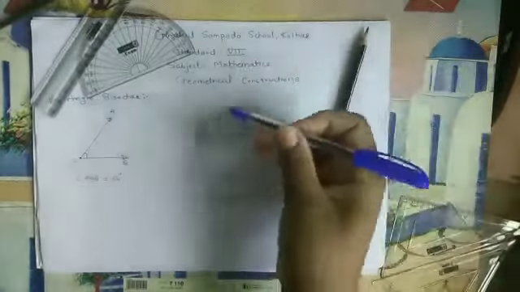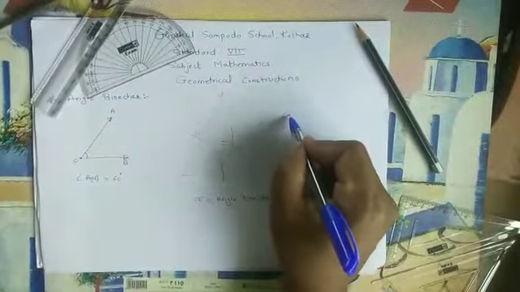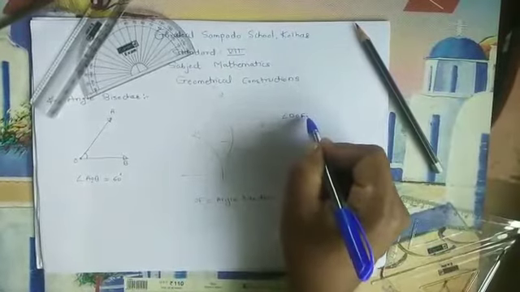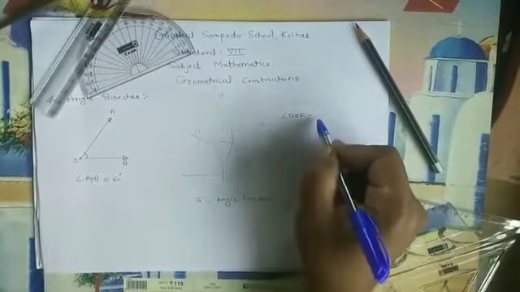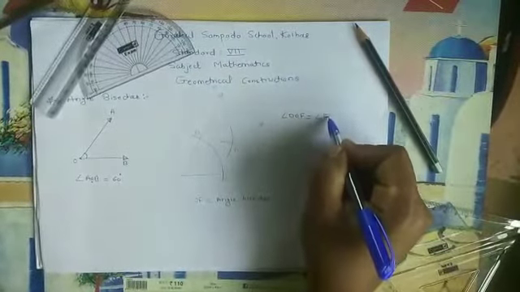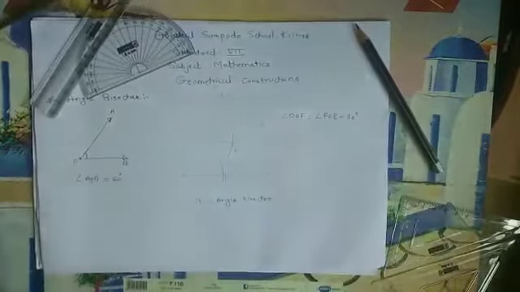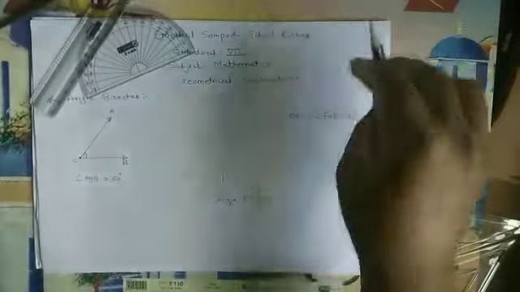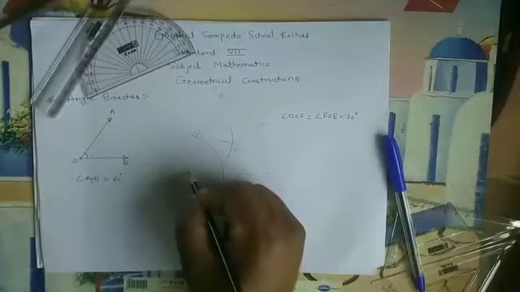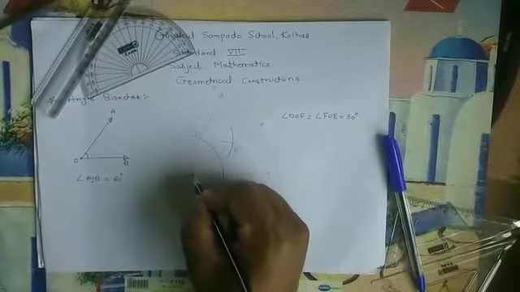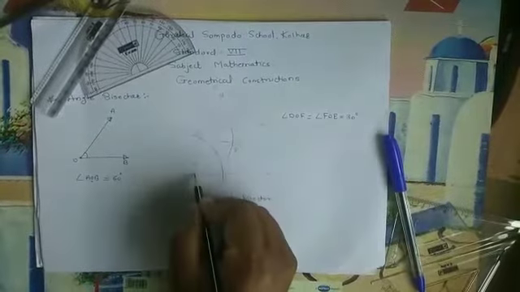So we can write that angle DOF is equal to angle FOE, which is equal to 30 degrees.